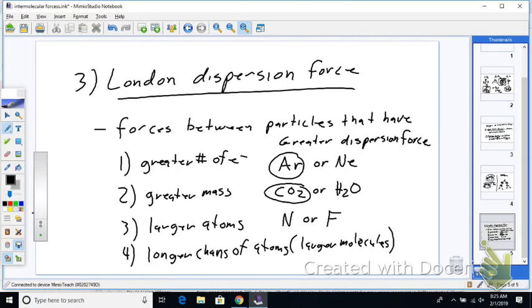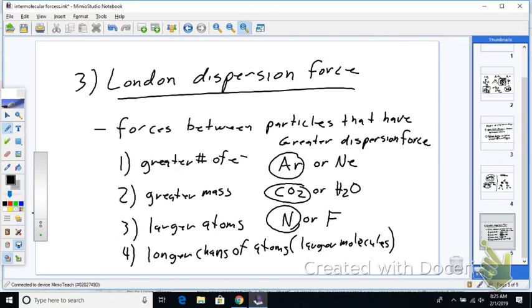So look at the periodic table. Which of those two is larger, nitrogen or fluorine? Remember our trend going across? What happens to the size of the atom as you go from left to right? It gets smaller, right? So which one would be bigger? Nitrogen, right? So you got to use that trend. You guys know that trend on size of atom. If you go left to right, they get smaller. That's the trend.